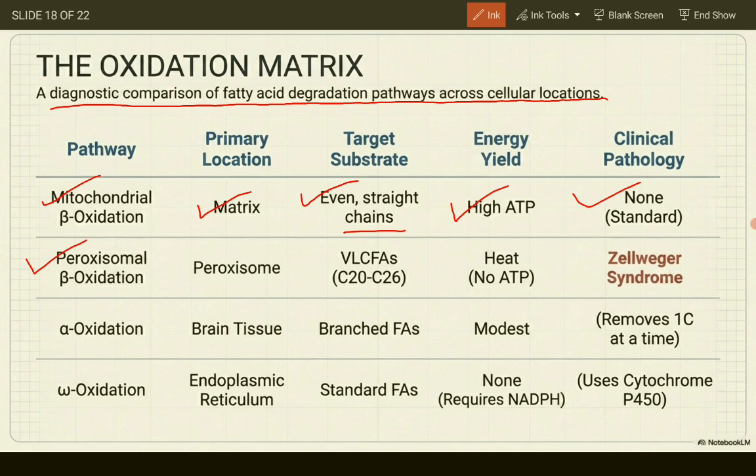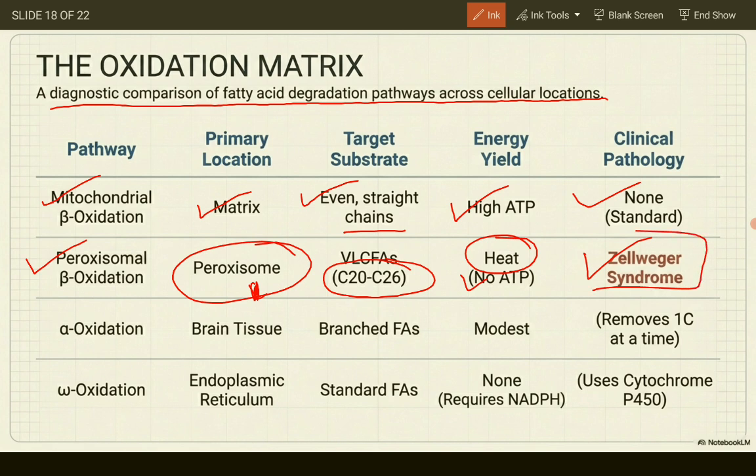Peroxisomal beta oxidation oxidizes large molecules like C20 to C26 fatty acids before they can enter the mitochondria. It happens inside the peroxisome. No ATP is produced, only heat. If the peroxisome is missing, it causes Zellweger syndrome.